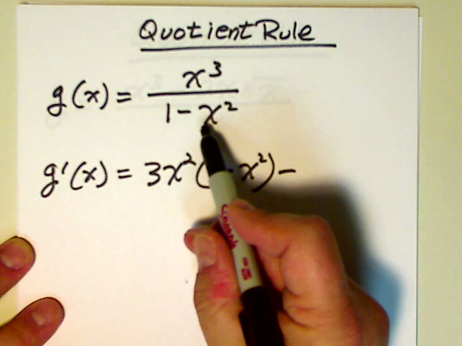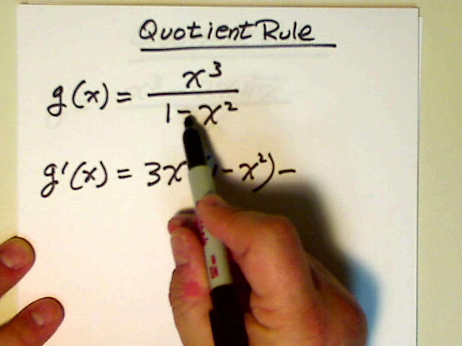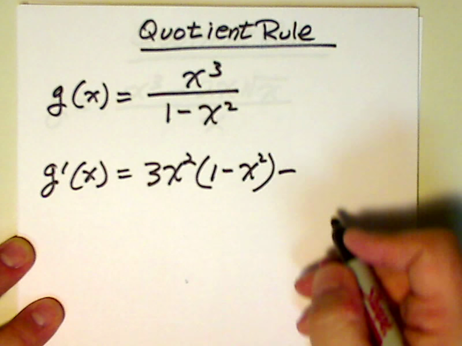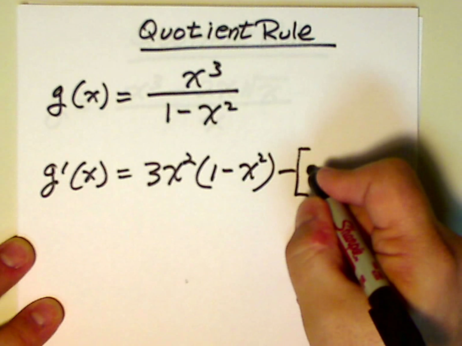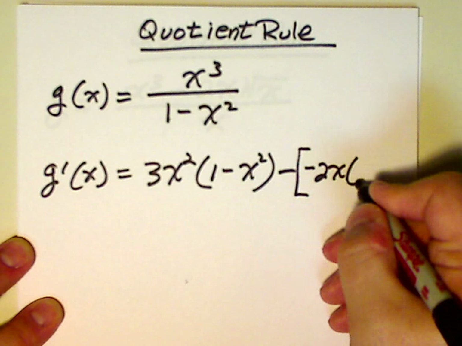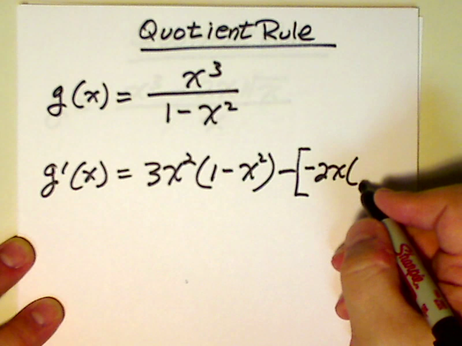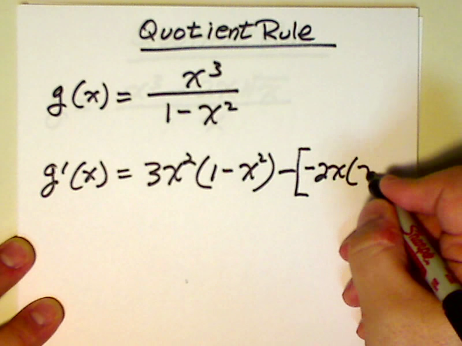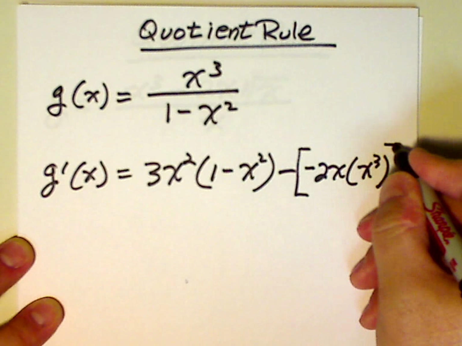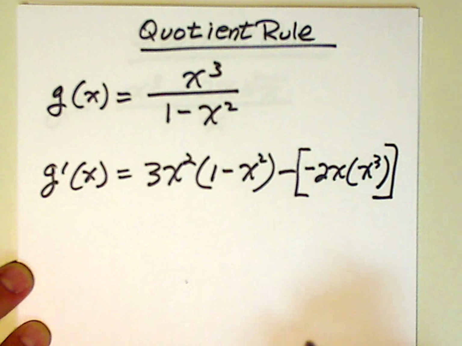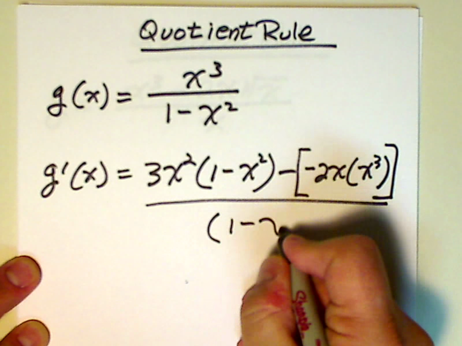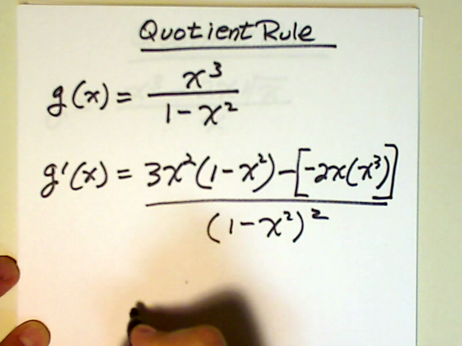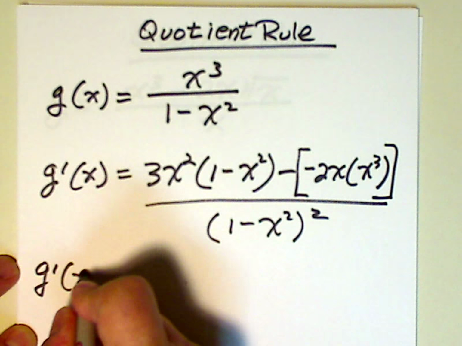Well, the derivative of the denominator, we have this minus sign here, so it's going to be negative 2x. Let's put a square bracket in here. Negative 2x times the numerator, which is x cubed. Over the denominator squared. And let's move on.